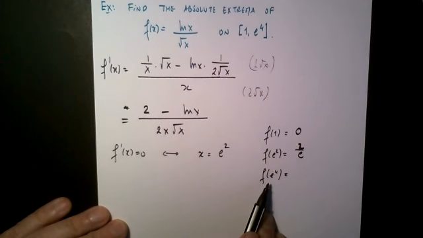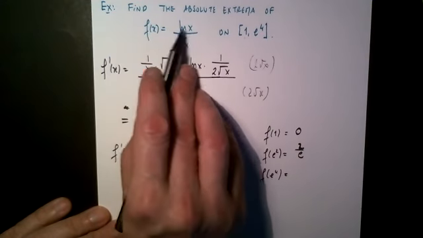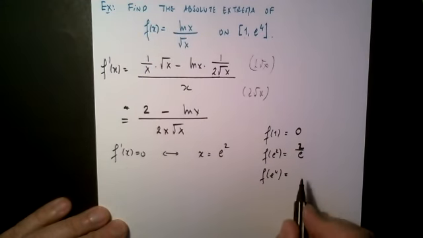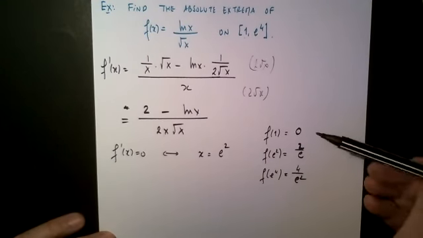And then e to the 4, you replace e to the 4 here, you get 4 over e squared. Obviously 0 is the lowest.